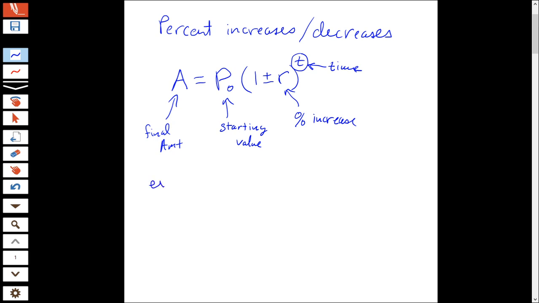For example, let's say I have a population of 100,000 and it increases at a rate of 3%, let's say every 5 years.